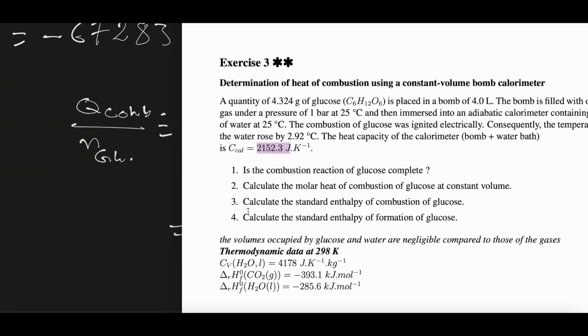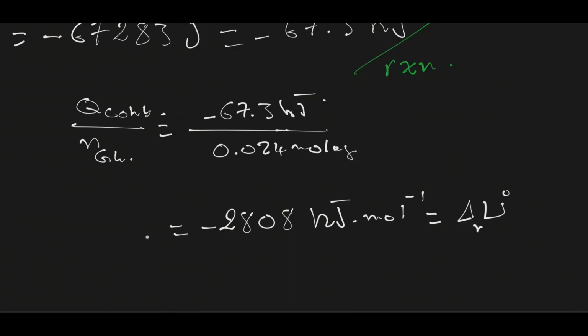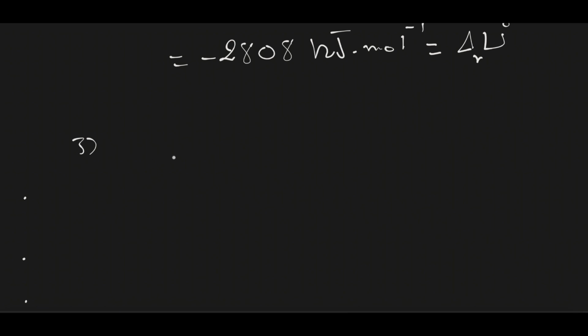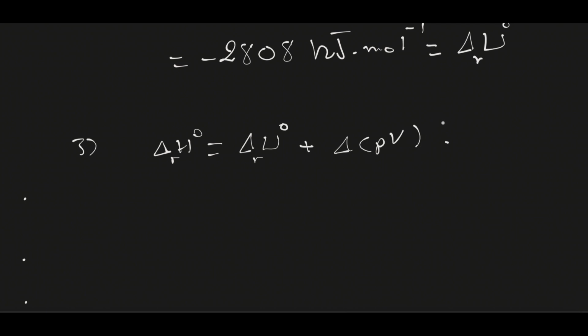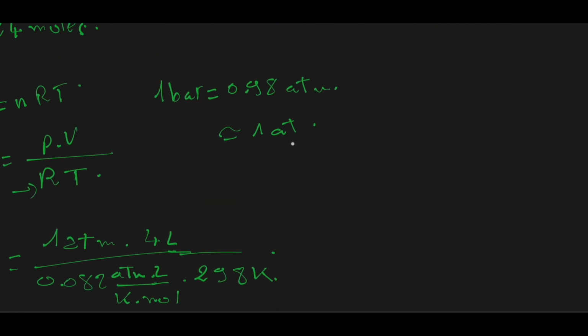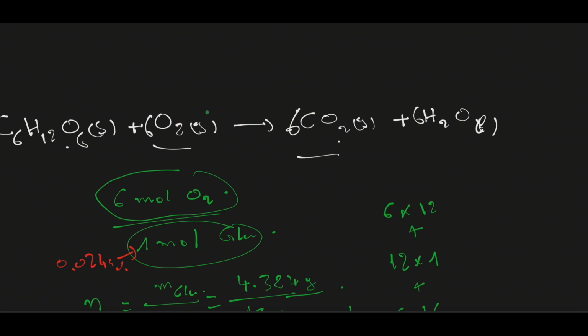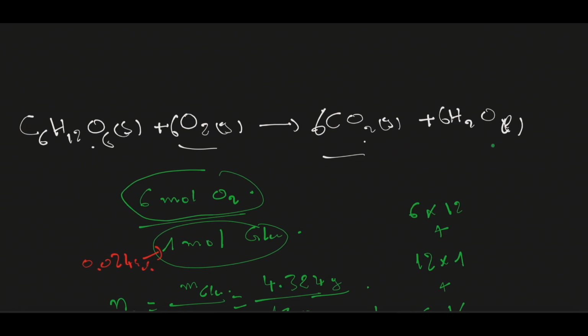In the third question, we will calculate the standard enthalpy of combustion of glucose. We have the relationship between the internal energy and the enthalpy of any reaction, which is given as delta H is equal to delta U plus delta PV. And because the volume of solids or liquids doesn't change in a reaction, we take into account only the gas substances. Here we have oxygen and carbon dioxide, the only two gases. So we have 6 moles of oxygen and 6 moles of CO2.